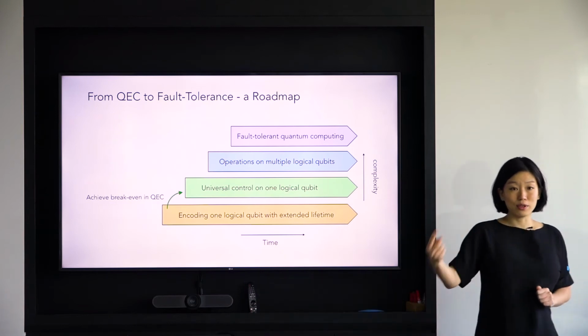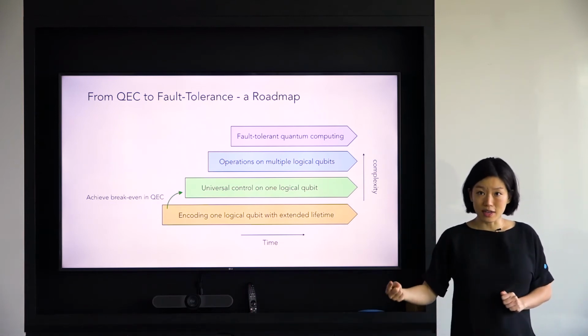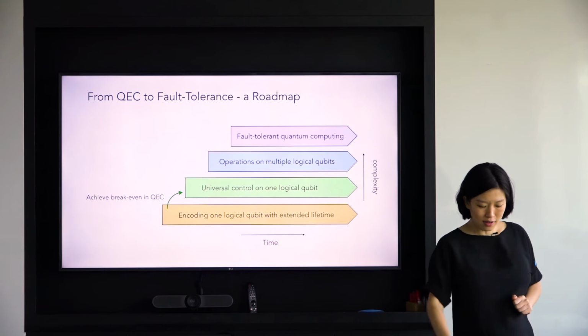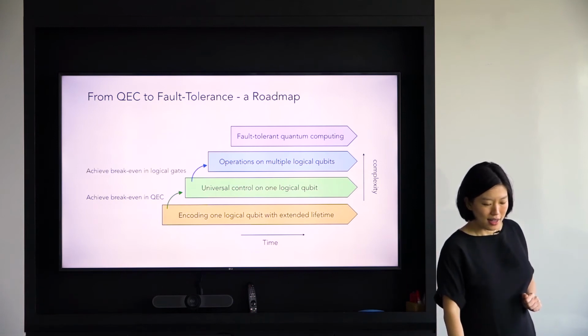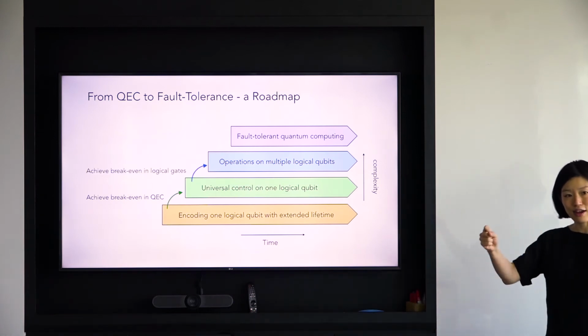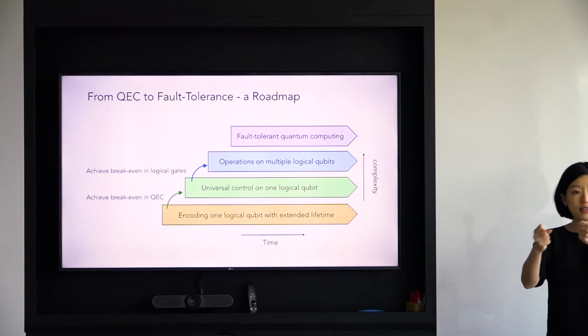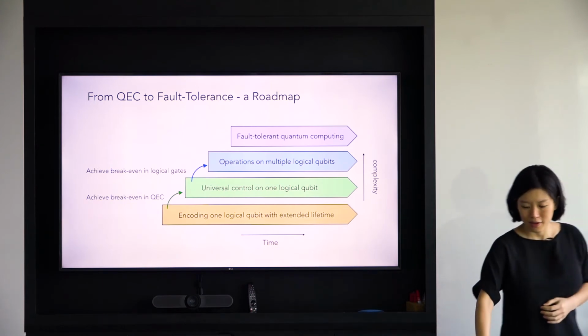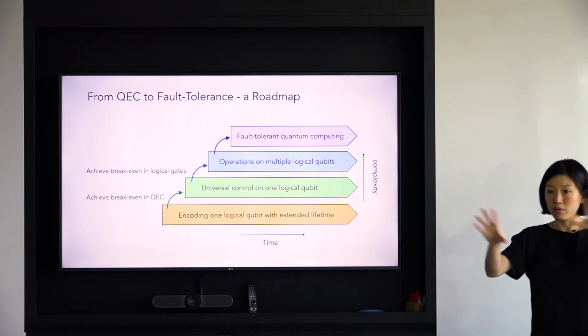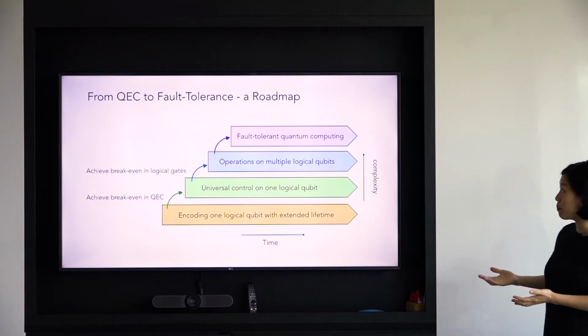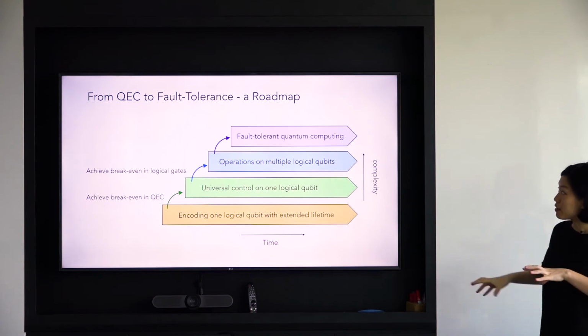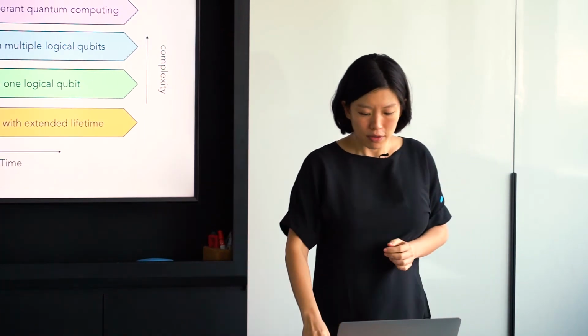And then we want to do all the possible gates that we need on this protected information. And then we want to build several of them in exactly the same way, but find another clever method to introduce some gates between them. Okay? And then finally, if we group lots of them together, then maybe we can build a network of them such that we can have fault-tolerant quantum computing.